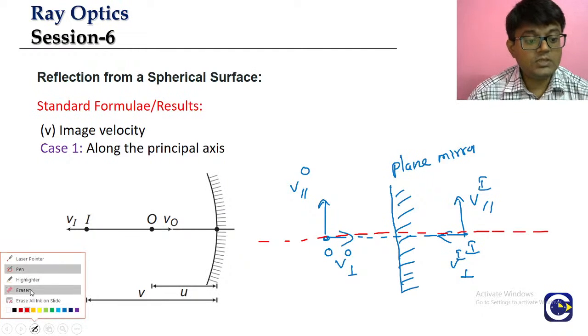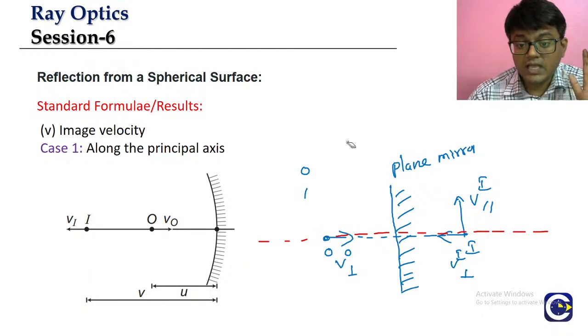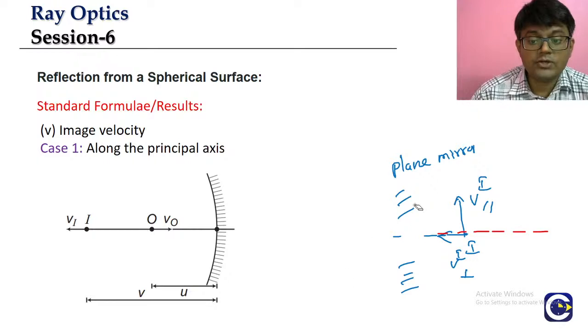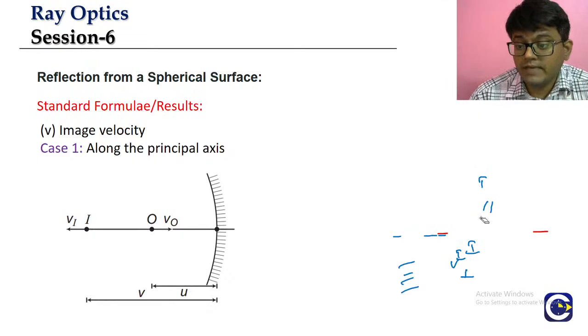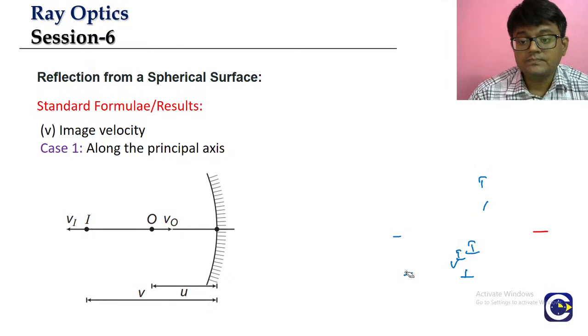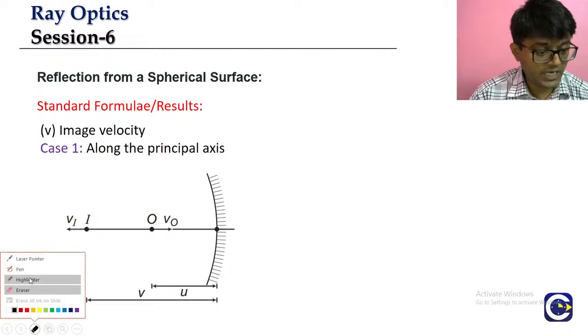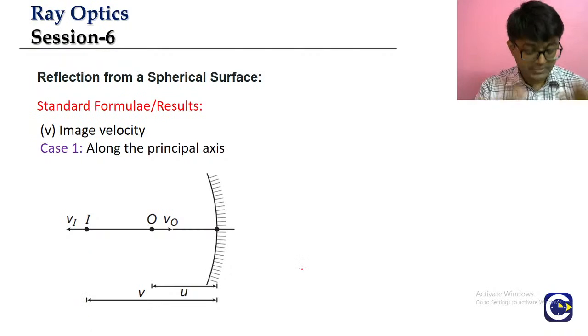Okay, guys. So this is what we discussed in the case of the plane mirror. Now let us come to the case of the spherical mirrors. Here we are going to talk about the relation between the velocity of the object and the velocity of the image. Here also we are going to divide the velocity into two parts.